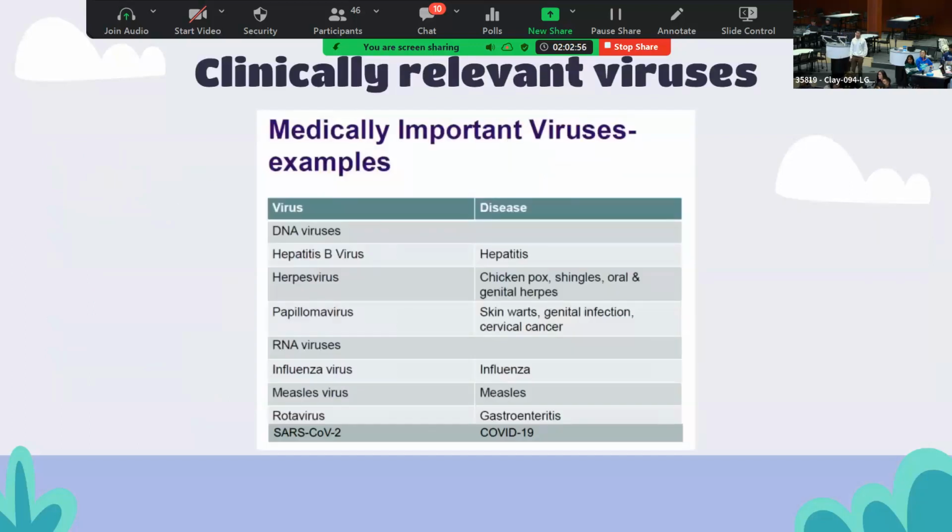And then clinically relevant viruses, they're all pretty relevant. Once again, you don't have to rote memorize every single one. You will remember them as you go through it. Remember, herpesviridae never goes away. That's a good one. Influenza can undergo antigenic drift and shift.